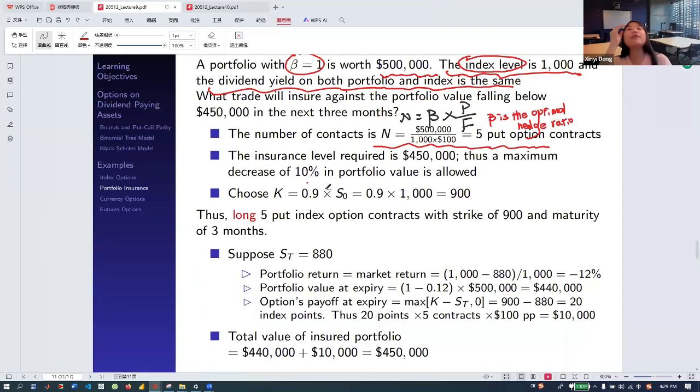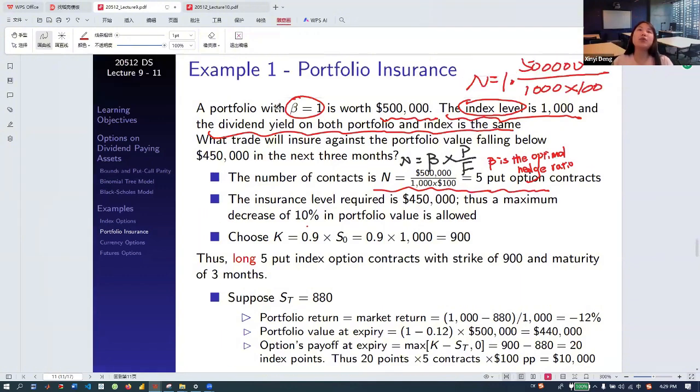For this simplified version, we not only have dividend yield on both portfolio and index being the same, we also have beta equal to 1. Those 2 things combined effectively mean that all the dividend yields are going to cancel out with each other.